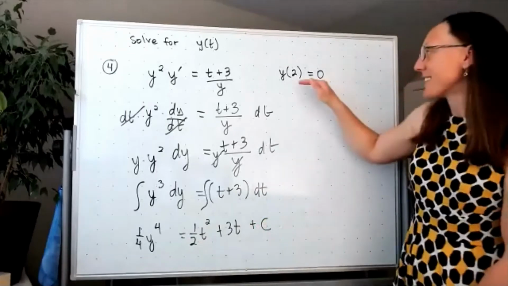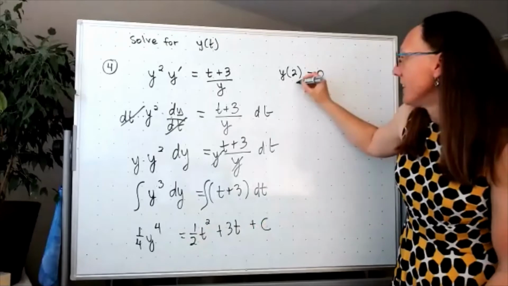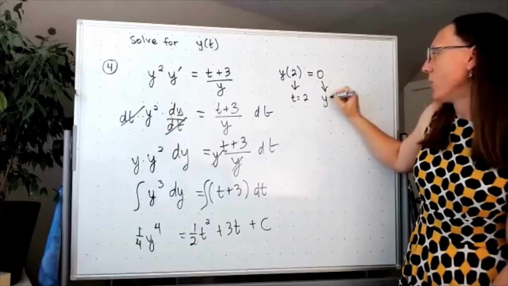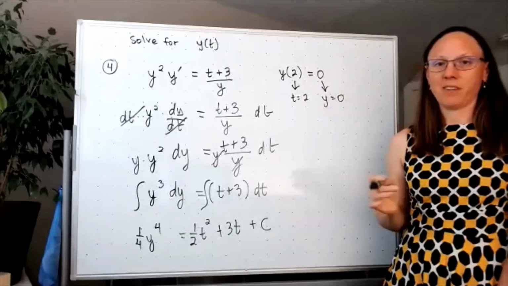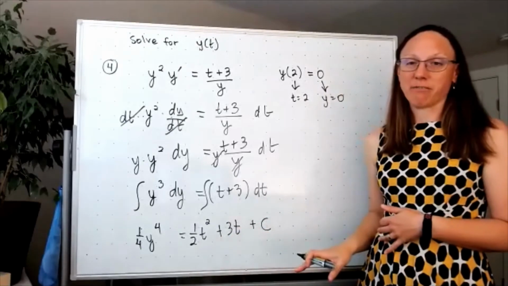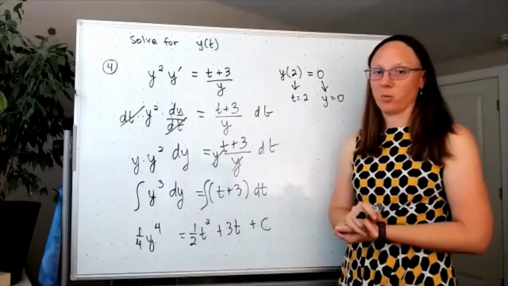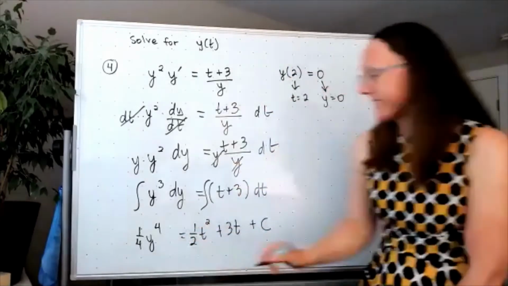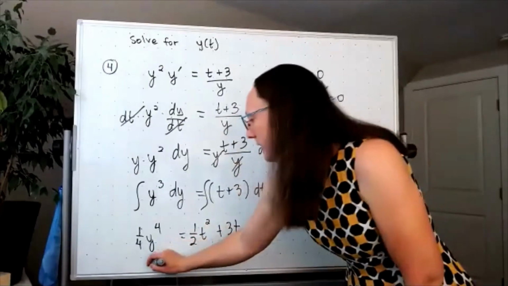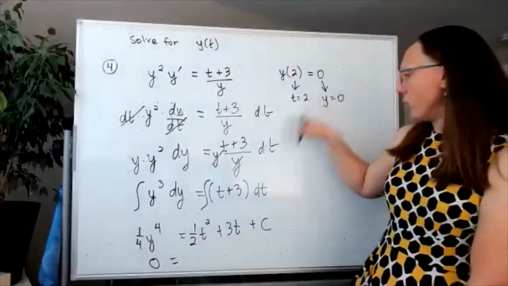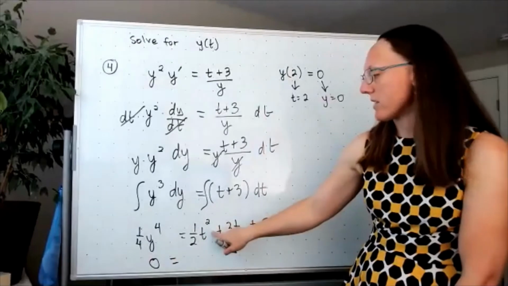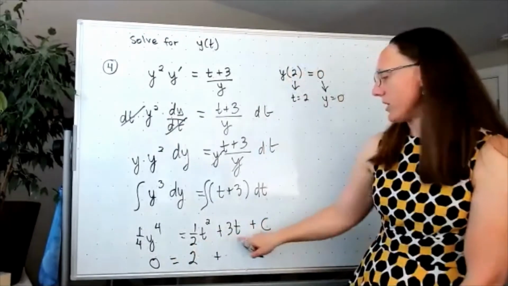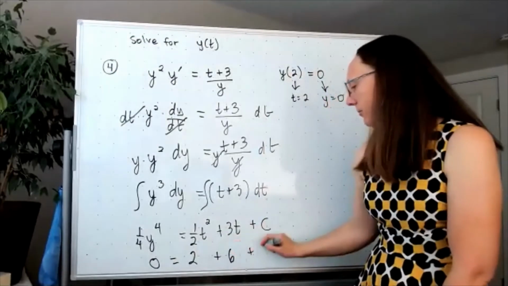Okay. So notation wise, this tells me that when t equals 2, y should be equal to 0. I'm going to go ahead and solve for c first, and then we'll rearrange to get the y by itself. So if I do this, when I plug in 0 for y, and then 2 for t, so 2 squared is 4, 4 times 1/2 is 2, and 3 times 2 is 6.